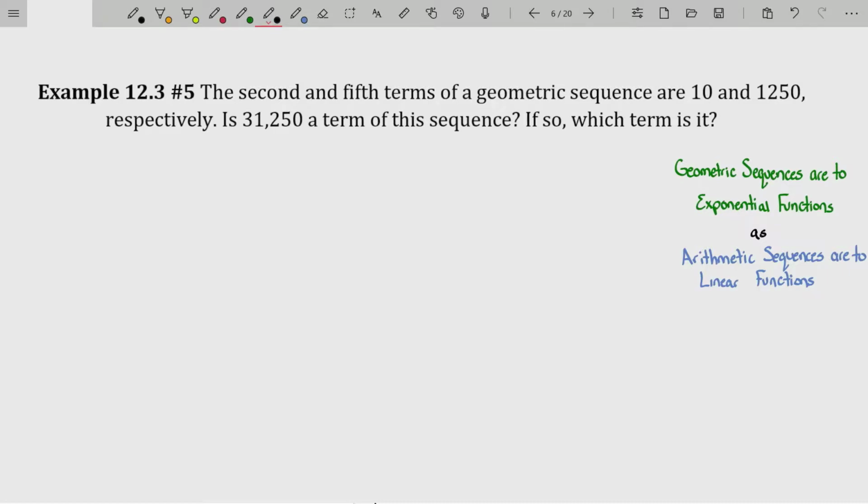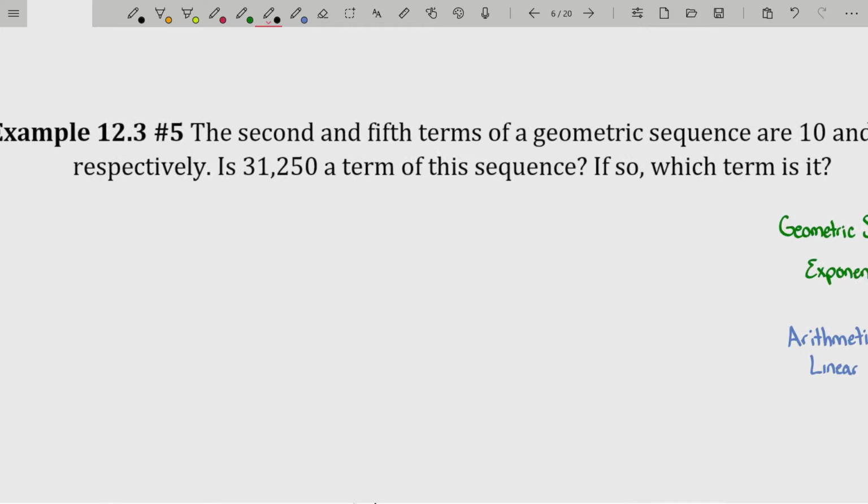Now, I went through all that because this example relies heavily upon our ability to find the equation of an exponential function given 2 points. Remember, geometric sequences are kind of like exponential functions. And so finding the equation or the formula for a geometric sequence will be very similar to finding the function for an exponential function had you been given 2 points.